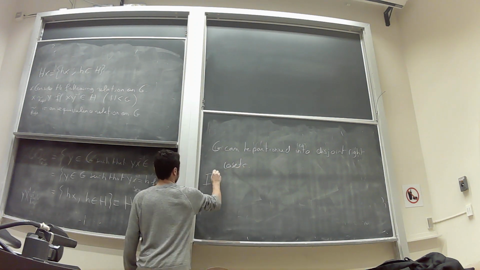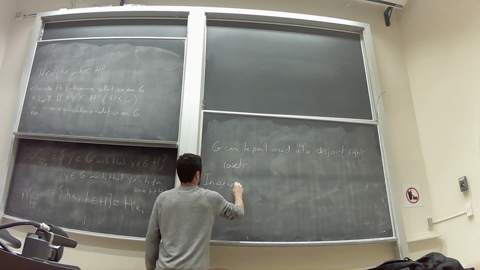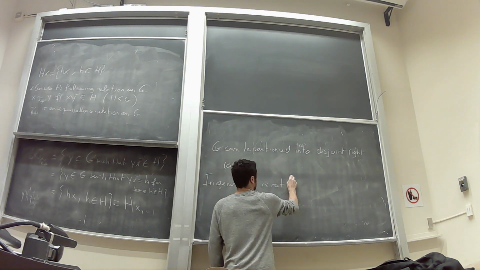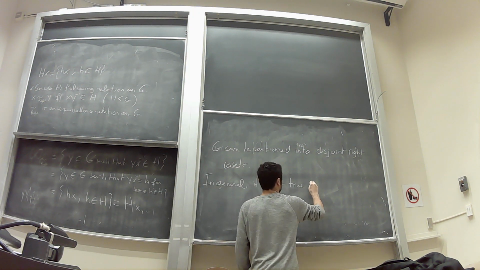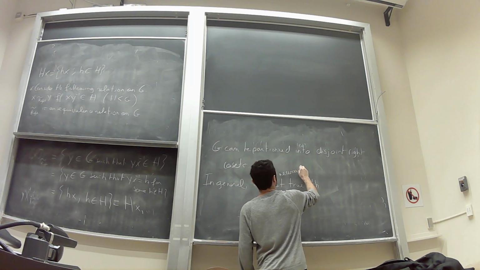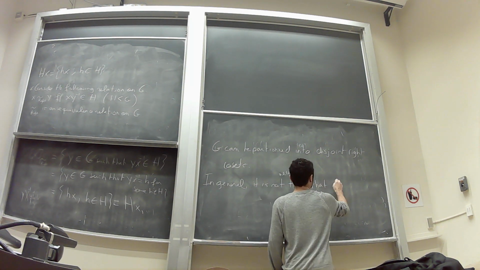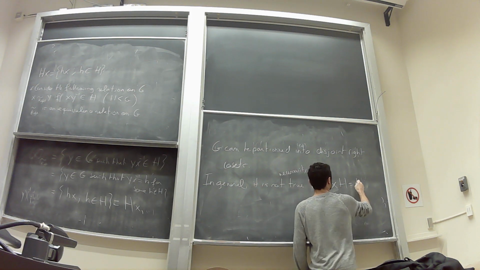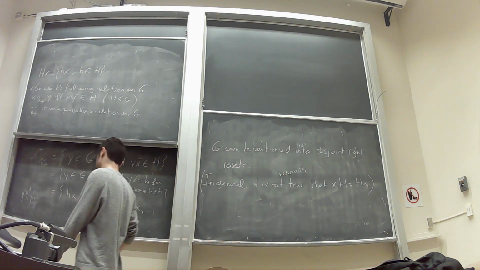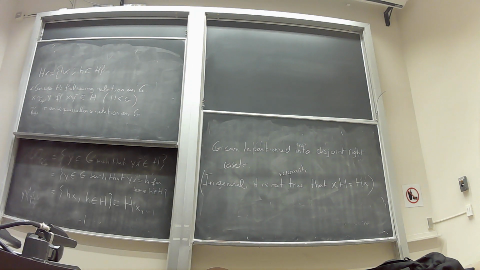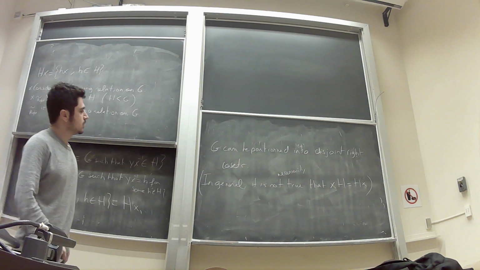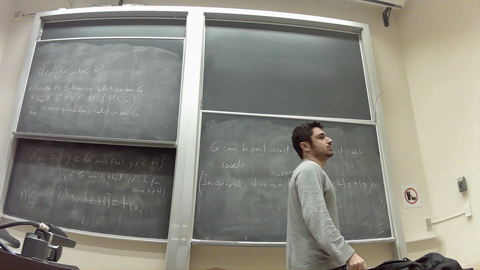Now, in general, it is not necessarily true that xH is equal to Hx. Okay? Great. So, I can partition G into disjoint right cosets.